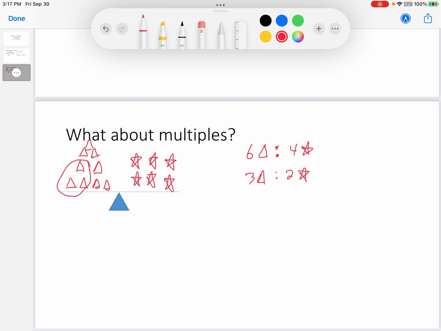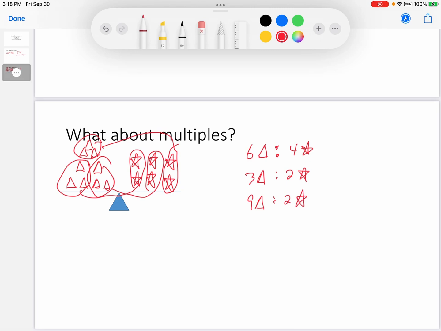Well, I know that this will be equal to that, this will be equal to that, and this will be equal to that. So, will both sides be equal? Yes, because everything equals everything else out. So that would be 9 triangles to 6 stars.